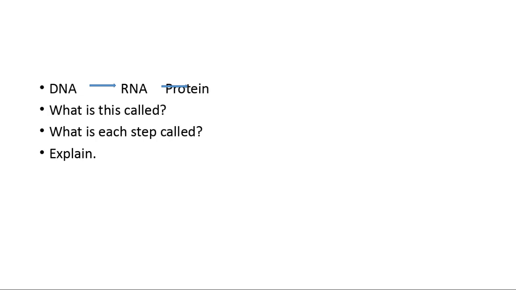So the flow of information in a cell is the central dogma of biology. And is it always just a one-way flow? Is there any way we can go backwards? Where and how? Anybody remember where and how we can go backwards?